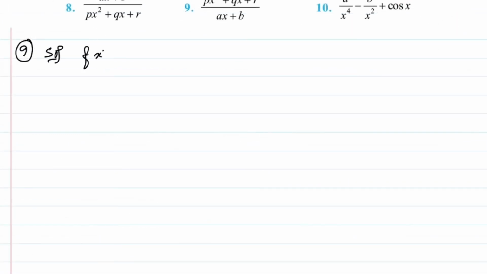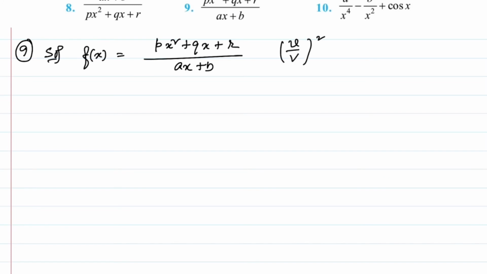So here the function is f of x is equal to px square plus qx plus r by ax plus b. Again we are going to apply the quotient rule, u by v: denominator times derivative of the numerator minus numerator times derivative of the denominator, by denominator square.